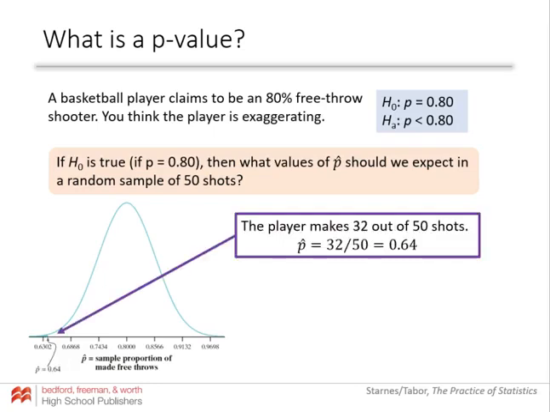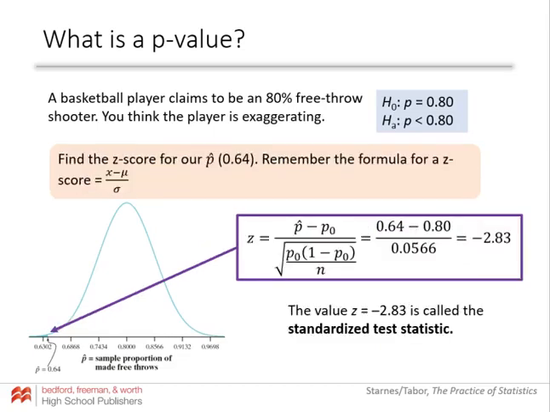Okay, so when we get to our do part, things we need to identify. First is our sample statistics. So in this case, p hat, the sample proportion, is 32 out of 50, which is 0.64. Then we have to calculate the z-score for a proportion of 0.64.